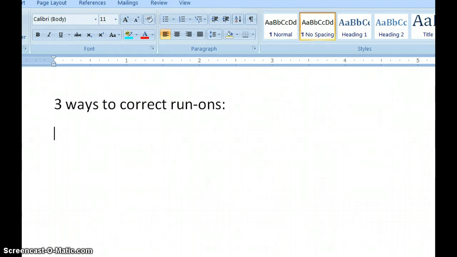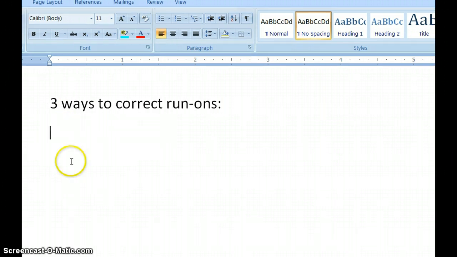Okay, so to recap, there are three ways that you can correct run-ons. And why don't you go ahead and put this on the left side of your Cornell notes, and then you can put the 3 ways on the right side. Okay, so rule number 1. See if you can think of it while I am adding it to the screen.